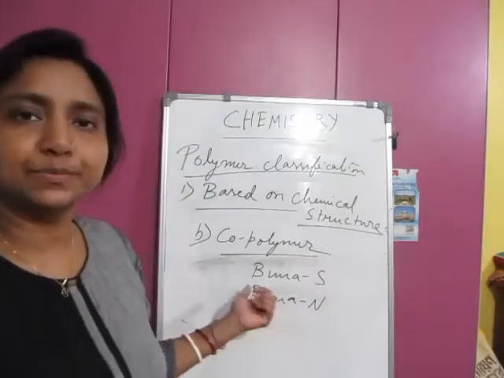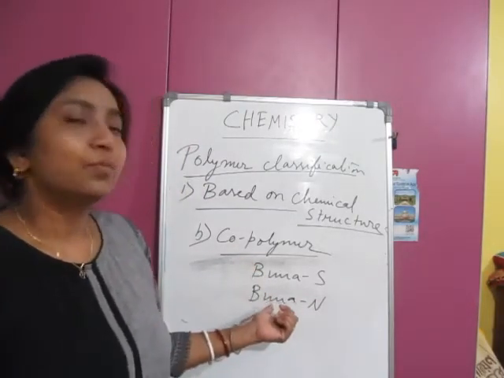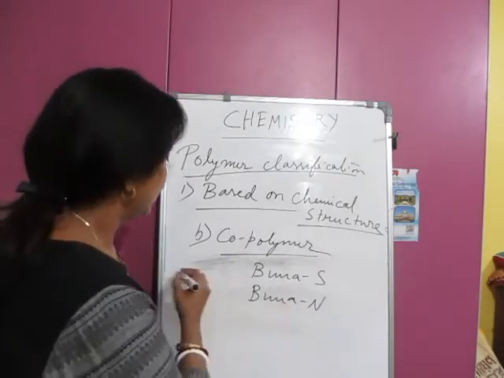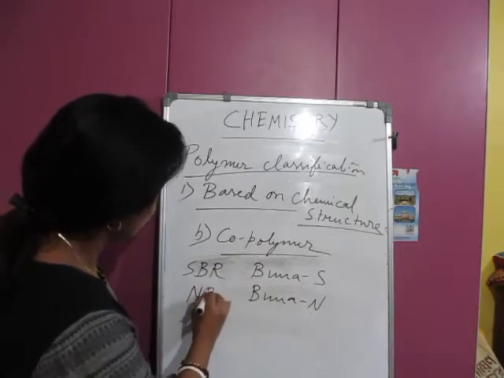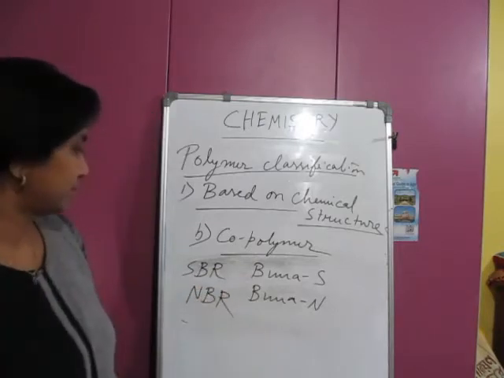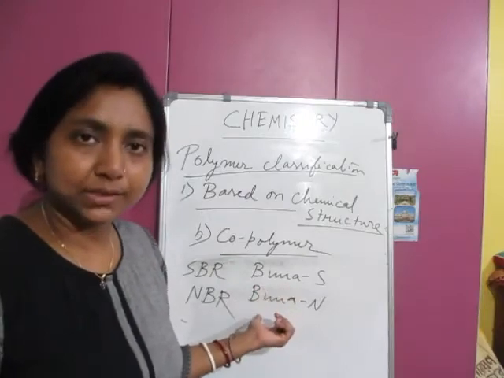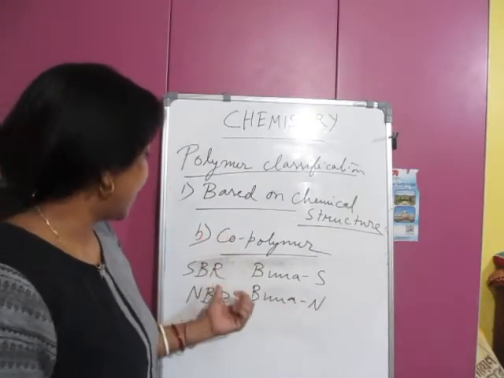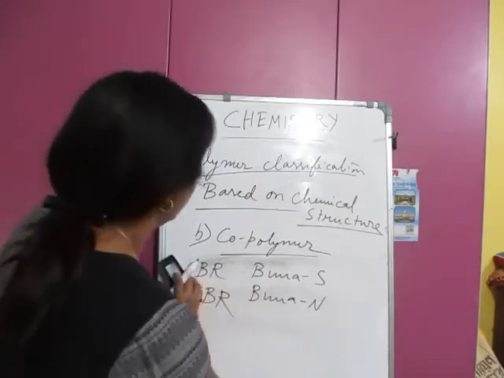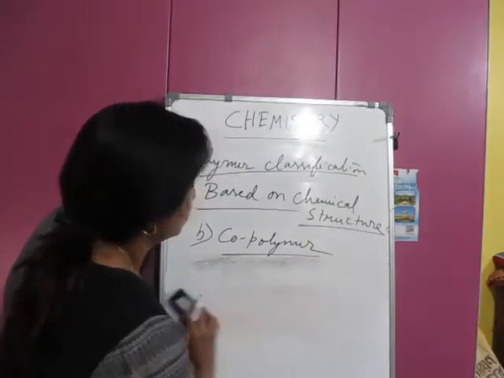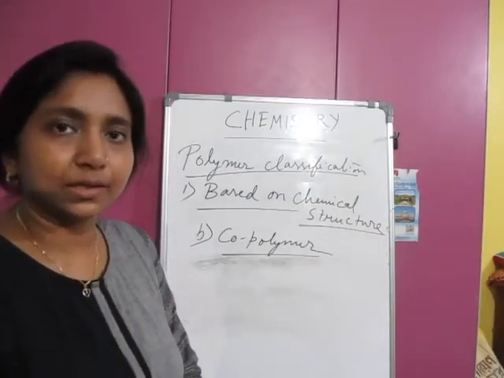It is the SBR, Buna-S rubber, and NBR, Buna-N rubber. For SBR, I am showing the structure, that is the styrene butadiene rubber. Styrene structure you have learned in the last class.